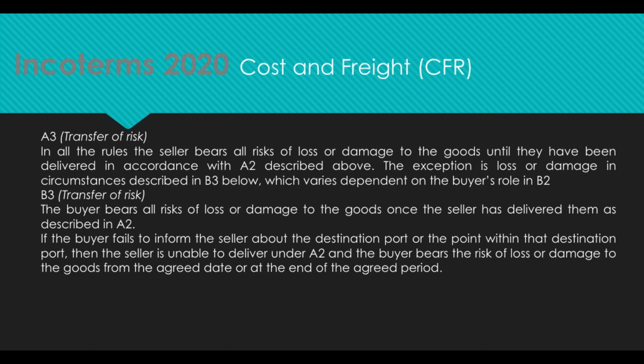B3. Transfer of risk. The buyer bears all risks of loss or damage to the goods once the seller has delivered them as described in A2. If the buyer fails to inform the seller about the destination port or the point within that destination port, then the seller is unable to deliver under A2 and the buyer bears the risk of loss or damage to the goods from the agreed date or at the end of the agreed period.